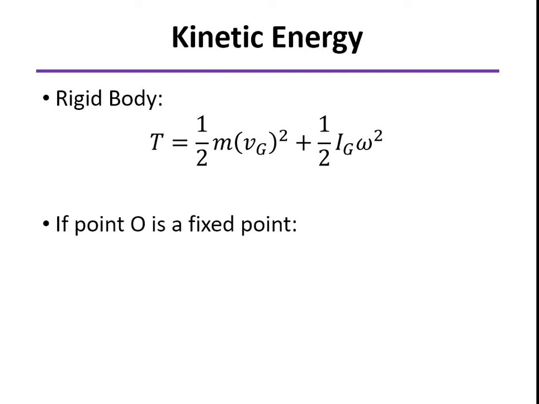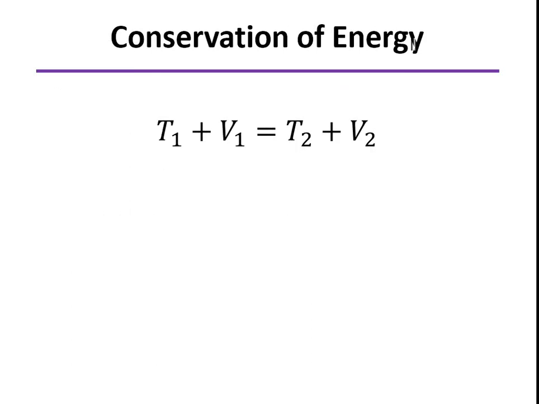If point O is a fixed point that the body is rotating about, then the kinetic energy can also be written as 1/2 I omega squared, where the mass moment of inertia I is taken about an axis through that fixed point. And of course our equation is that the total mechanical energy, kinetic plus potential, is unchanged.